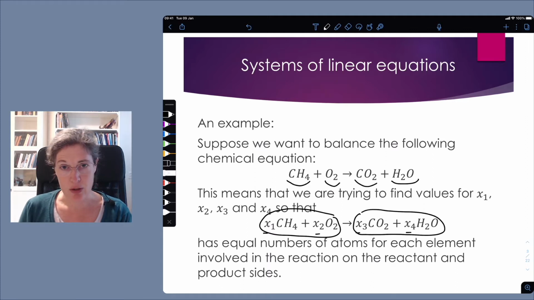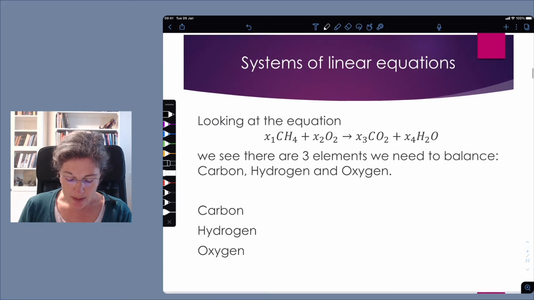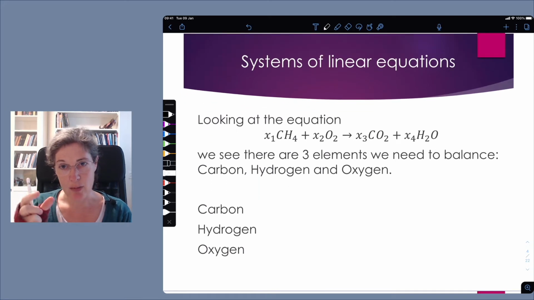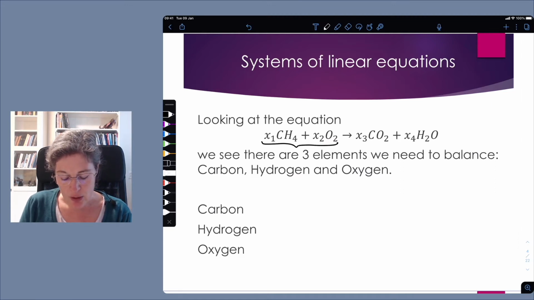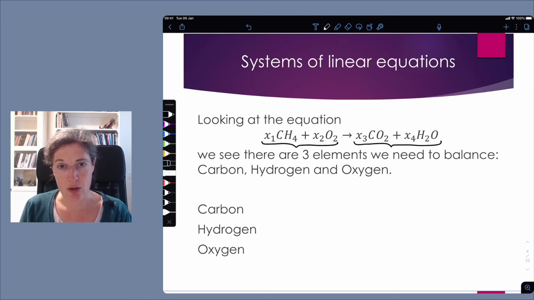So really, what we're doing is balancing the number of carbon, hydrogen, and oxygen atoms that we have on the left with the number of carbon, hydrogen, and oxygen atoms that we have on the right, because matter has to be conserved.